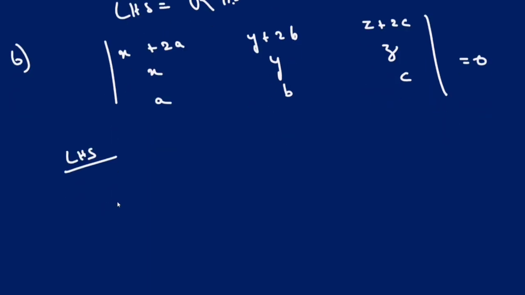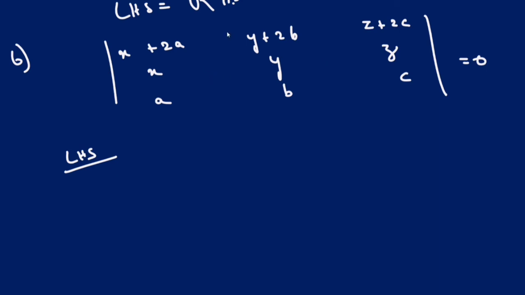There is one property: when any row is expressed as sum of two terms, you can write the determinant as sum of two determinants. Repeat, if any row is expressed as sum of two terms, then the determinant can be written as sum of two determinants.